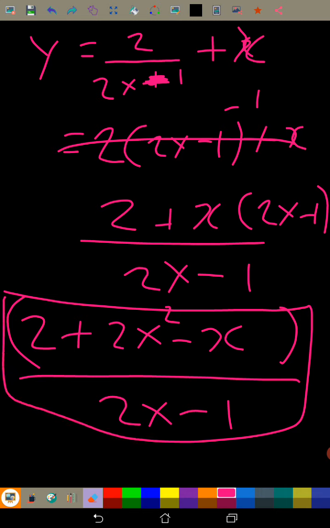To differentiate such a thing, you need to know the quotient rule, which is v times du over dx minus u times dv over dx, and so on and so on. So this is a whole formula. We haven't done such thing yet, but what we have done is substitution. So what can we do here?